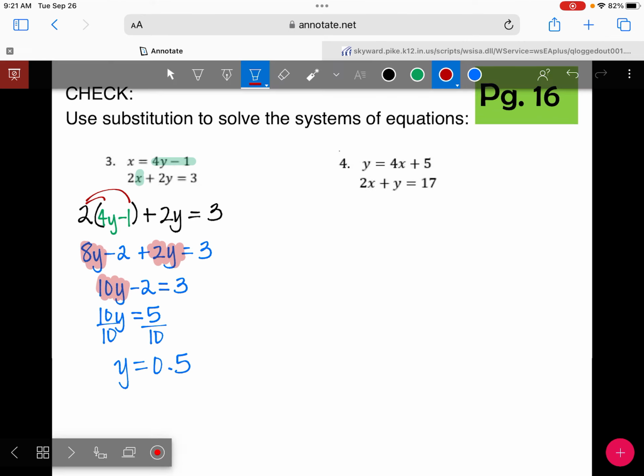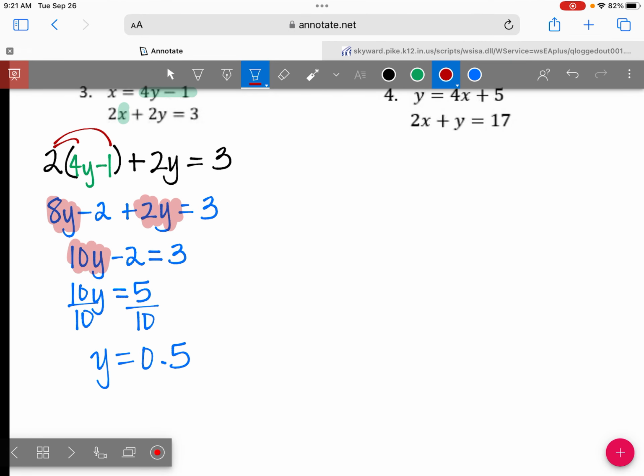So now you need to find your x. x equals 4 times y minus 1. So type that in your calculator. Take 4 multiplied by 0.5 minus 1.